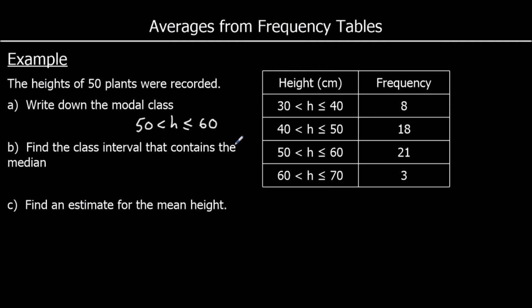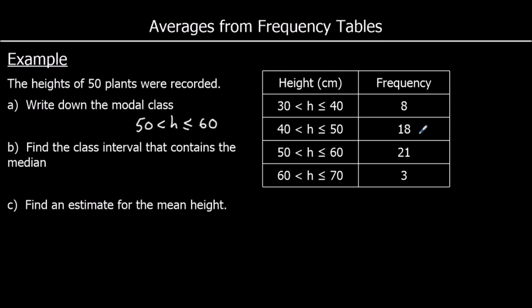Find the class interval that contains the median. So there are 50 in total. So if we've got 50, we've got 25 on one side, 25 on the other side. So we're looking for halfway between the 25th and 26th plant. So if we line them up in order, there's 8 between 30 and 40, then 18 between 40 and 50.